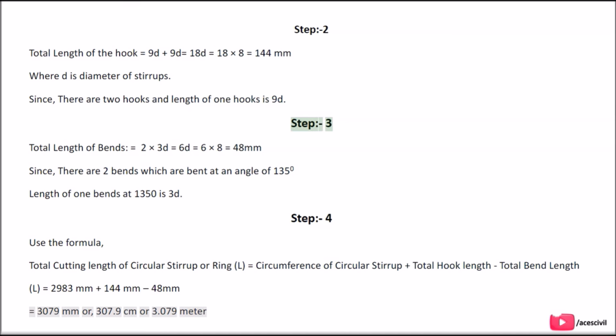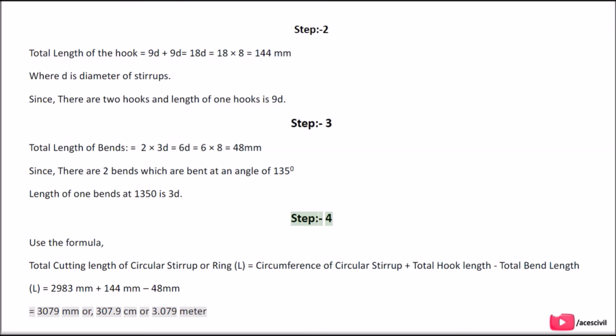Step 3: total length of bends equals 2 times 3d equals 6d equals 6 times 8 equals 48 mm, since there are 2 bends which are bent at an angle of 135 degrees. Length of 1 bend at 135 degrees is 3d.